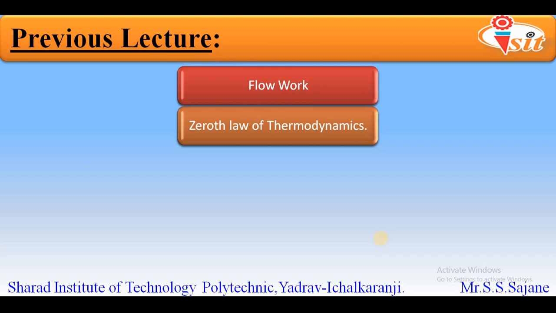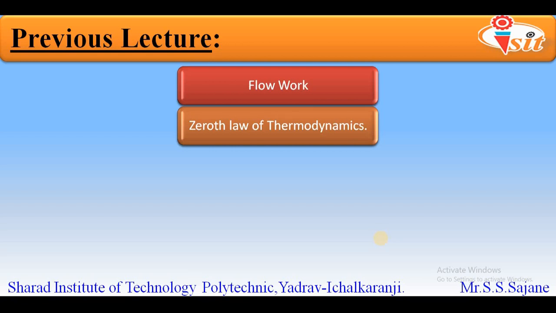I will just repeat the statement of the zeroth law of thermodynamics. It states that if two thermodynamic systems are each in thermal equilibrium with a third one, then they are also in thermal equilibrium with each other. To understand this concept, we saw an example of ice, a glass of hot coffee and the surrounding atmosphere.